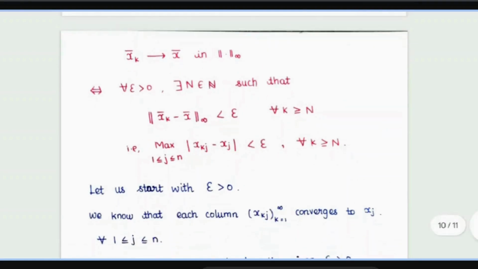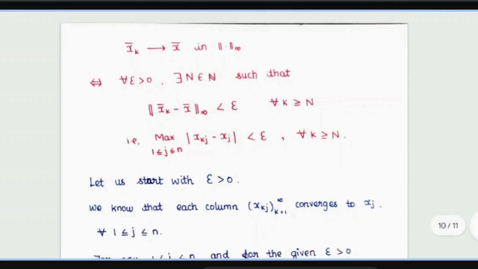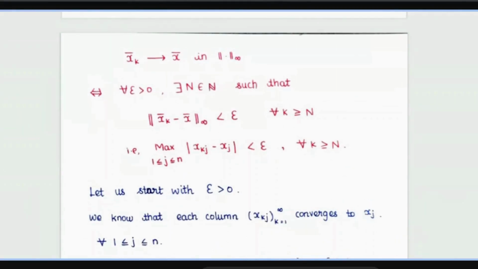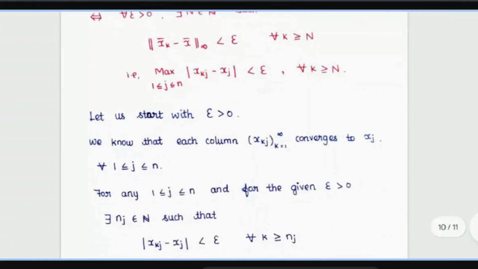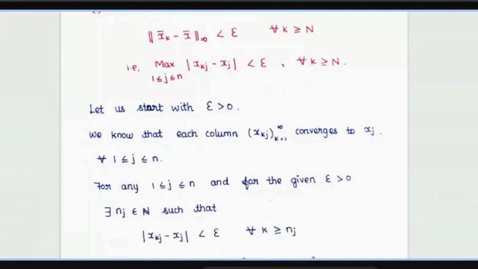Okay. Let's start with an epsilon greater than 0. We know that each column x_kj converges to x_j. This is true for every j from 1 to n. So for any j and for the given epsilon, we can find a stage n_j such that the modulus of x_kj minus x_j is less than epsilon for every k after that stage n_j.